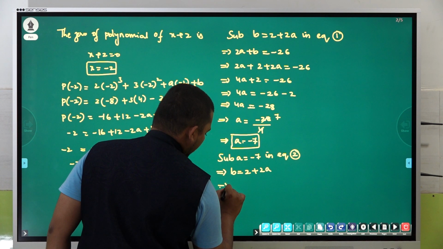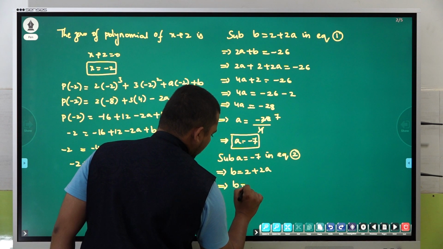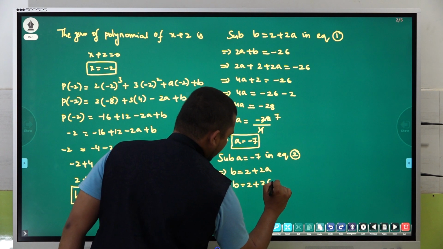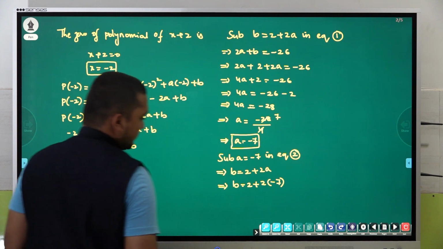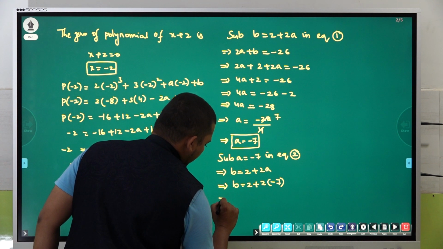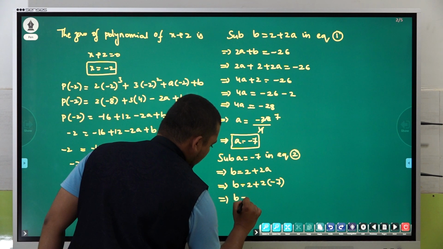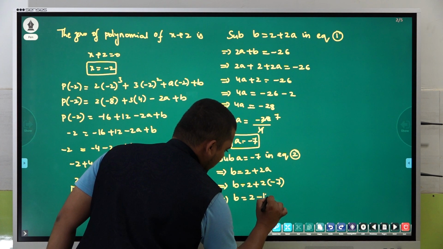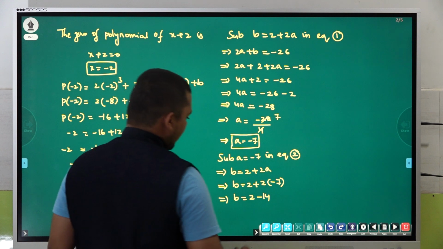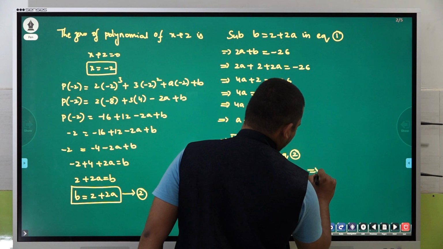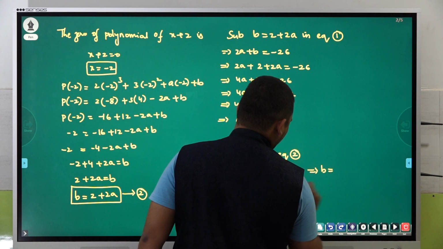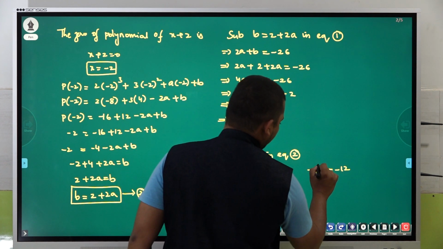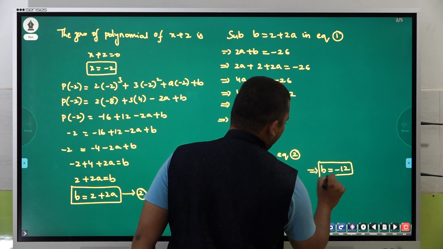Now b is equals to 2 plus 2 into, in the place of a, if you substitute minus 7, now this can be written as b is equals to 2 plus 2 into minus 7, minus 2 sevens are 14. Then b is equals to 2 minus 14 is minus 12. Okay, this is the value of b.